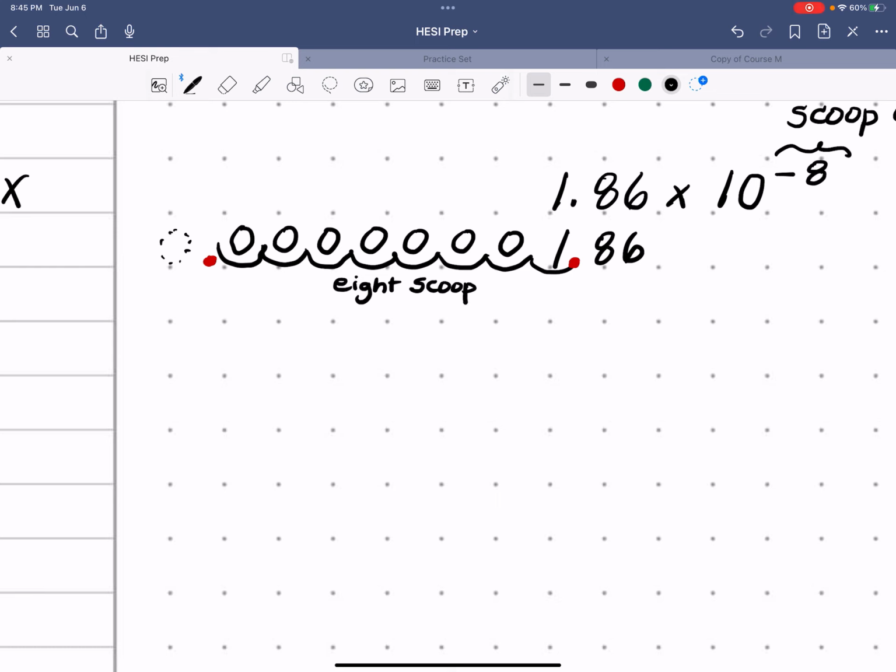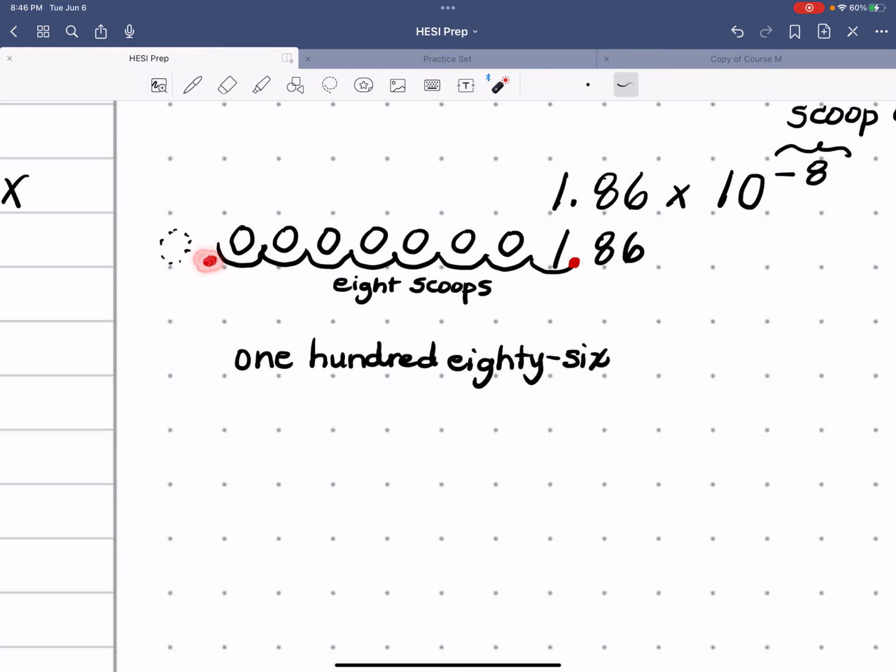So let's read this number. This is a tough one. It's 186. Remember, we're dealing with very small numbers. Okay, so let's count our decimal places. Here's the decimal.